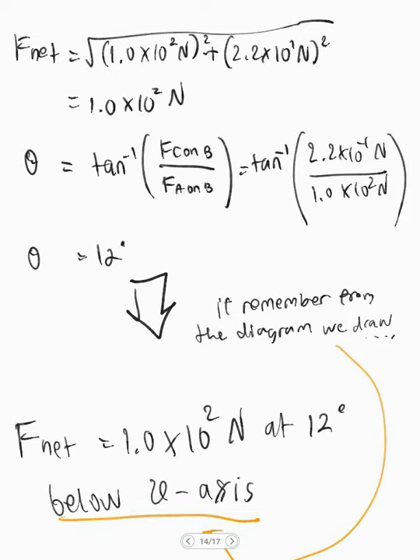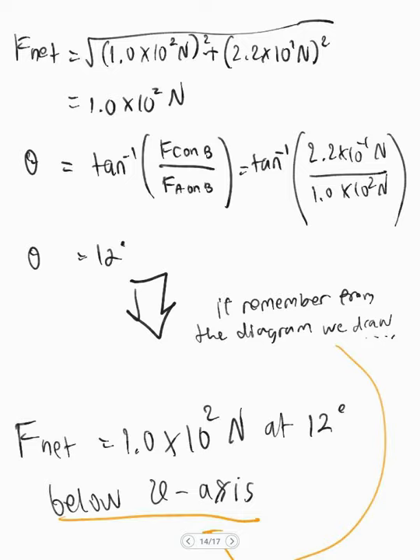If you remember from the diagram we drew, the net force is 1.0 times 10 to the power of 2 Newton at 12 degrees below the x-axis. Why below the x-axis? Because from the graph we drew, the net force is located below the x-axis.